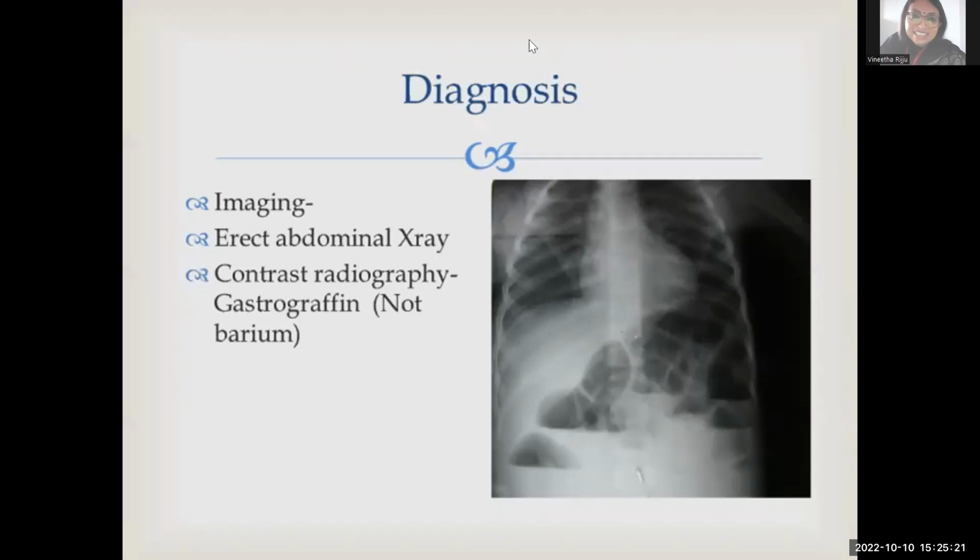All right. So, see, this is an X-ray of the abdomen. And can you see these loops over here? I have put a red pointer here. So this is the large intestine. You can see it is so dilated. And can you see the haustrations?